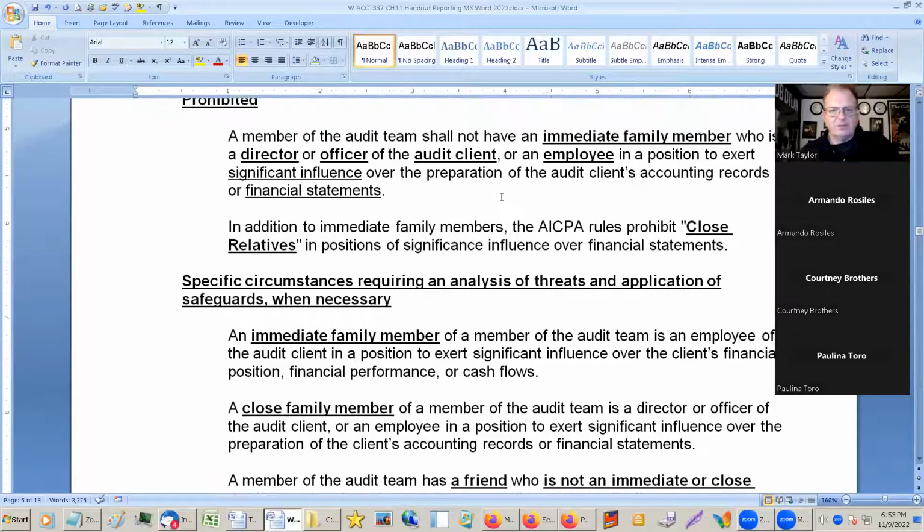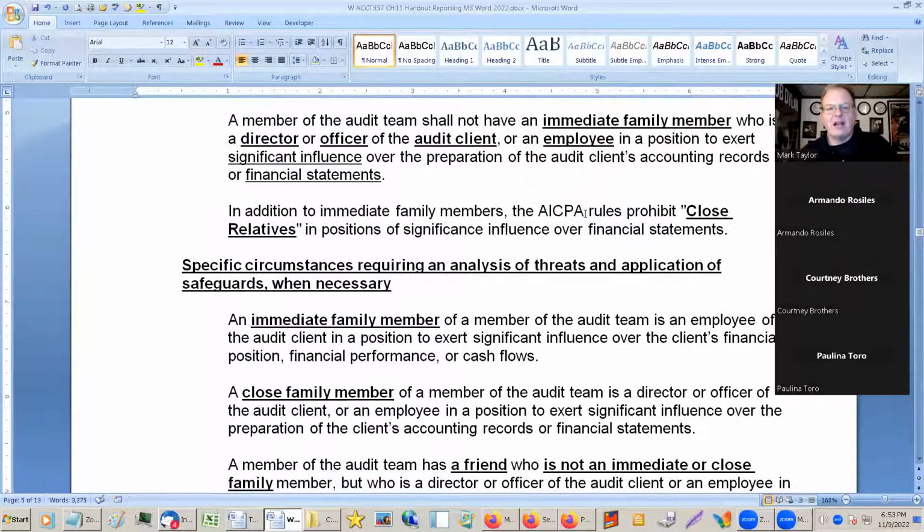Now, that's an employment rule. The AICPA rules are the same, but they also say close relatives.